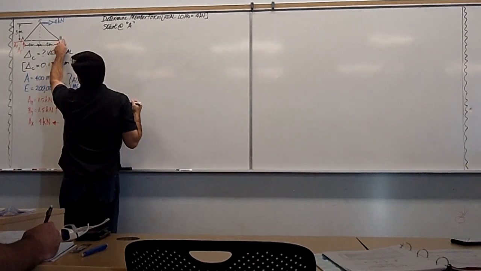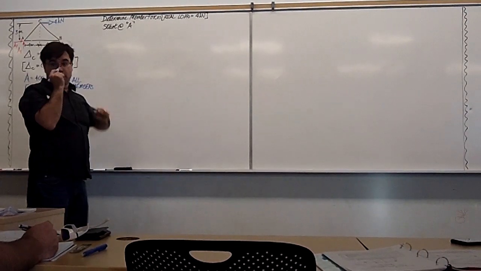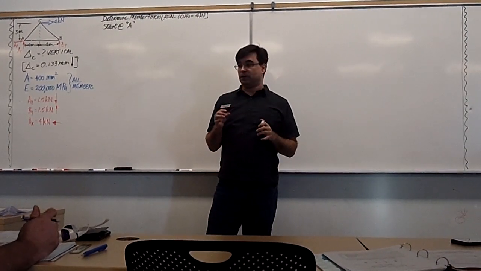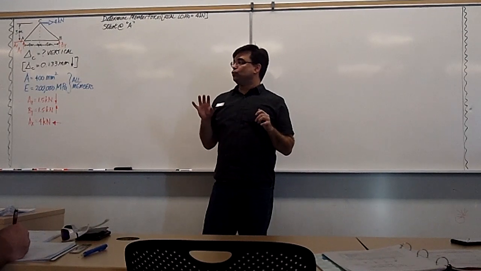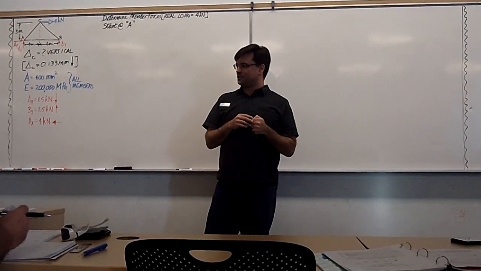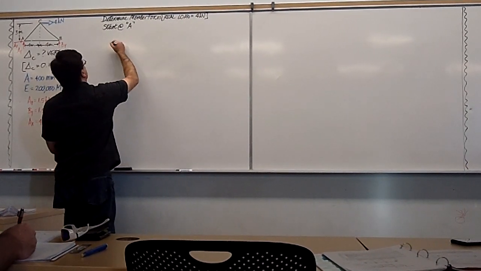Could you start at B if you wanted to? Could you start at C if you wanted to? For sure. In this case, yes, any of them is fine because, remember, you have to have no more than 2 unknown member forces to solve it. Okay. So we just pick A because why not?